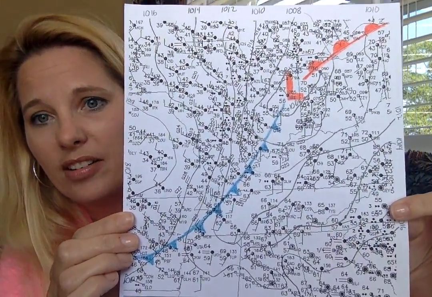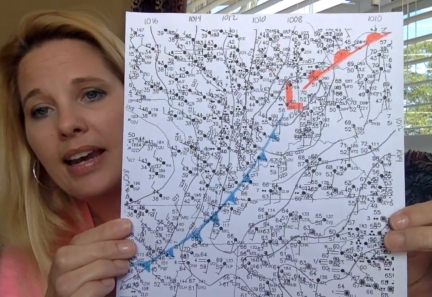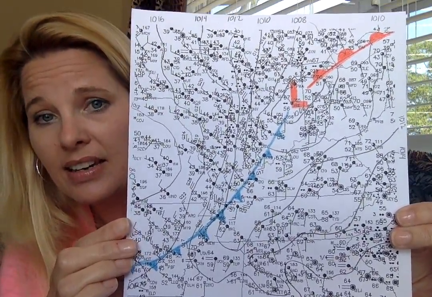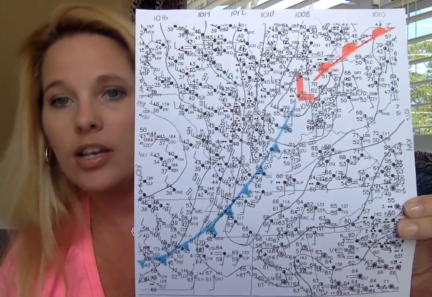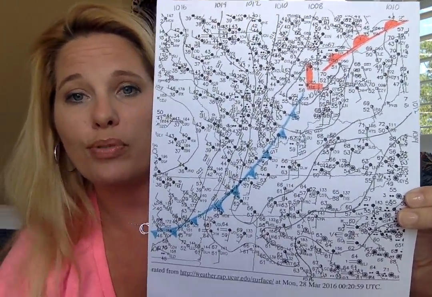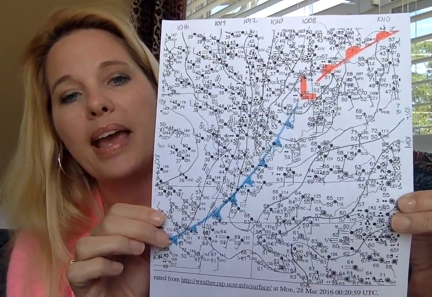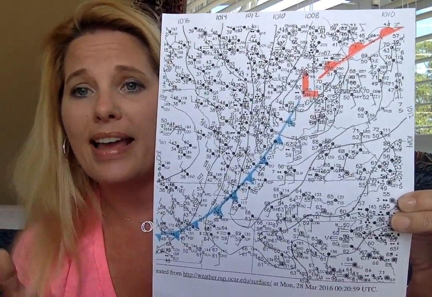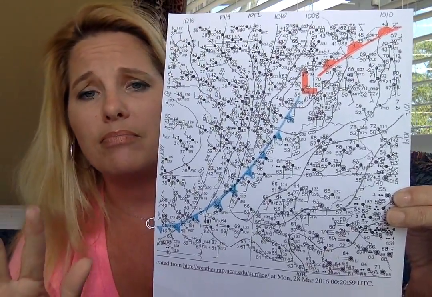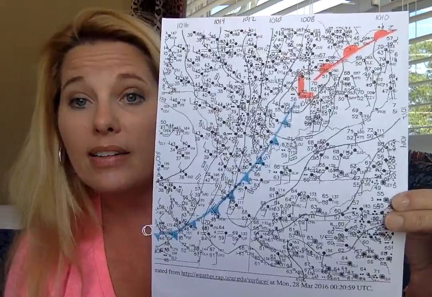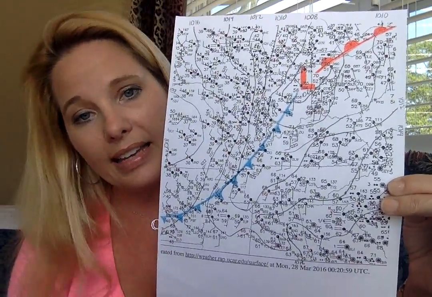Lots of lines there. So again, when you turn yours in, I'm looking that you can find where the fronts are. You can find high pressure or low pressure. And give your hand a try at these isobars. Again, that's not critical. Don't worry if you don't get it right. You have to erase, try again. It's okay.